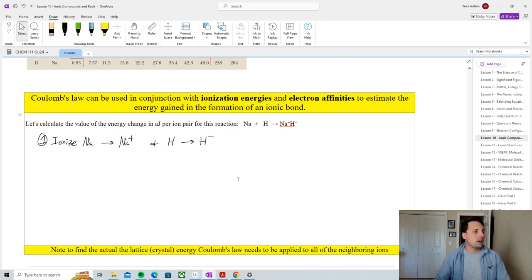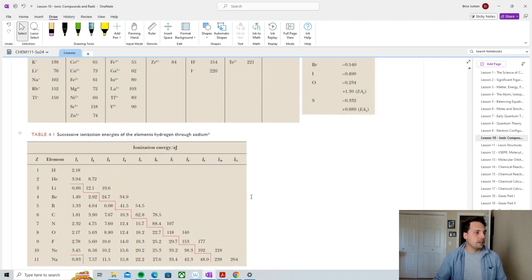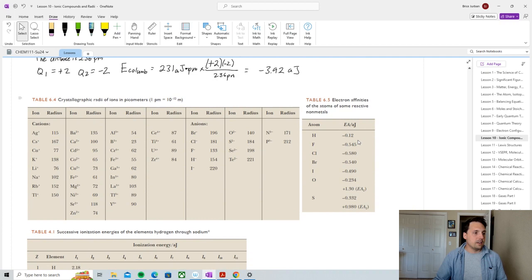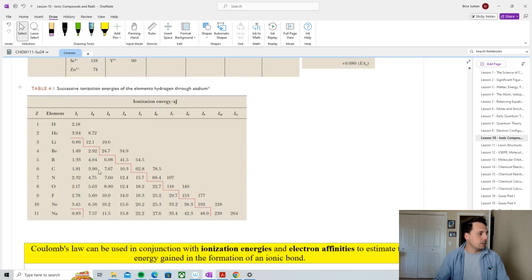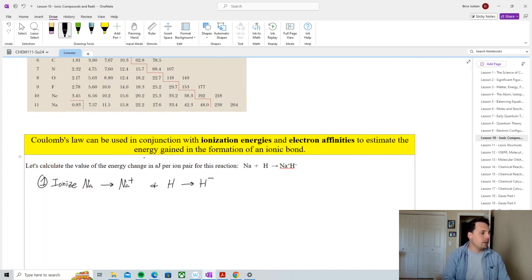We can do this using the ionization energies and the electron affinities. So the electron affinities are listed here, and the ionization energies are listed here. So for sodium, we want to singly ionize it. So we're going to remove its first electron. It's going to be 0.83 attojoules.